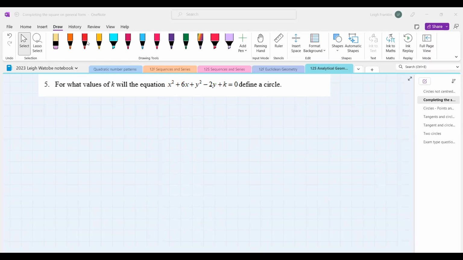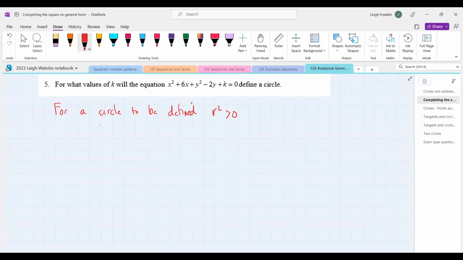So for a circle to be defined, the right-hand side, which is r squared, always has to be greater than 0. Perfect. That's exactly what I was getting at, Lidwina. So you didn't miss a thing there.